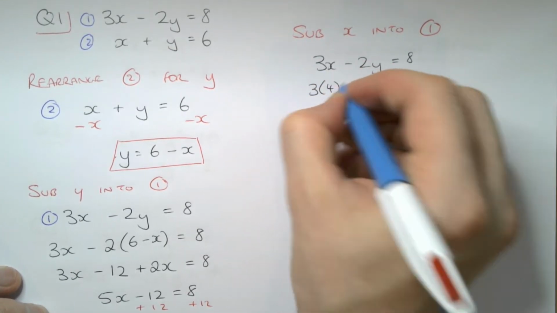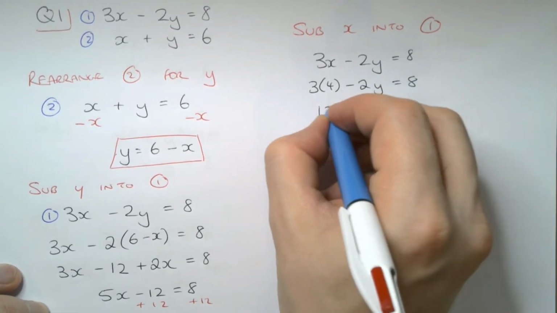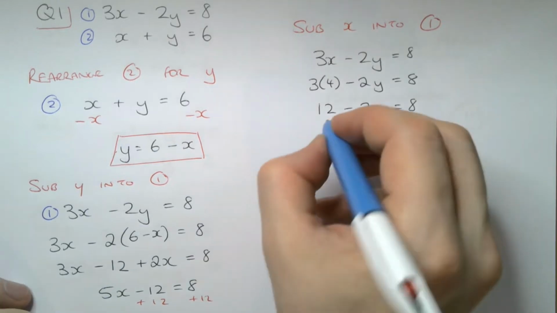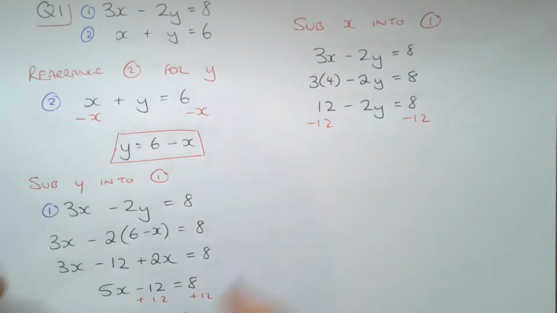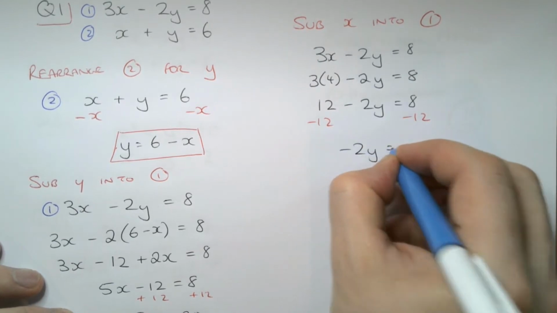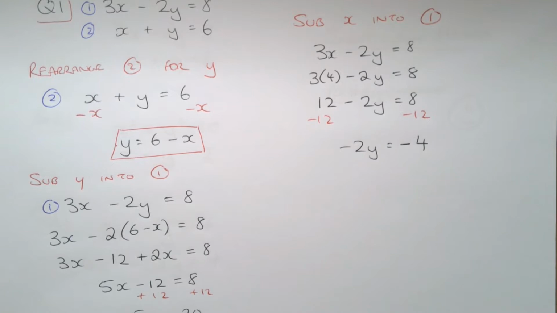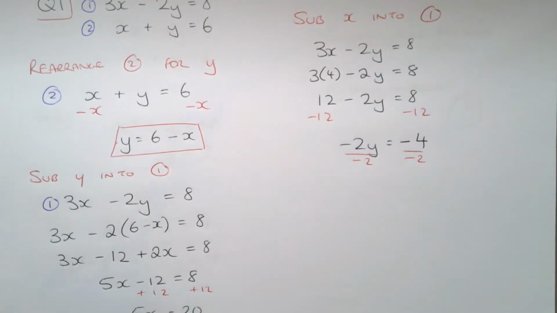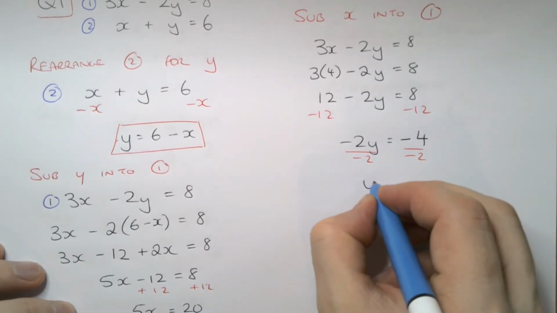So 3 by 4 minus 2y equals 8. 3 by 4 is 12, minus 2y equals 8. I'm going to subtract 12 off both sides because I'm trying to get y alone. I get minus 2y equals 8 minus 12, which is minus 4. I'm going to divide both sides by minus 2, and I get y is minus 4 over minus 2, which is 2.